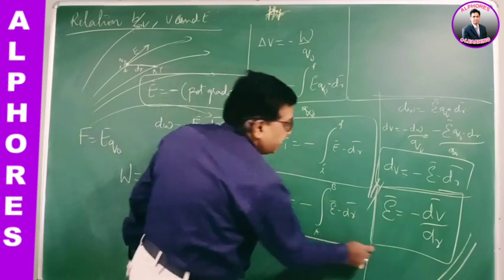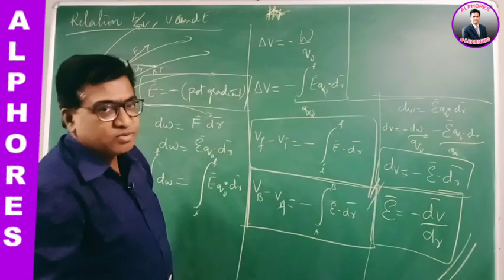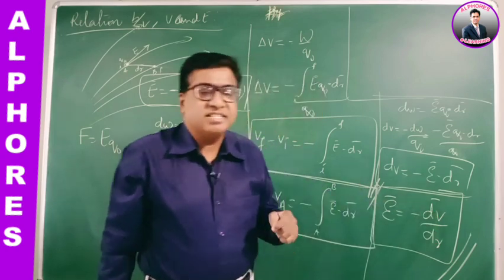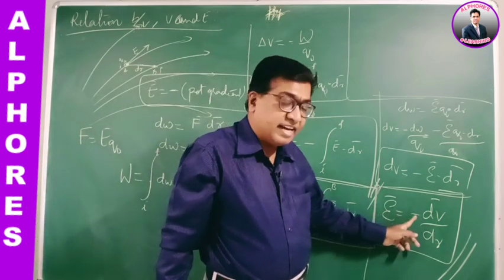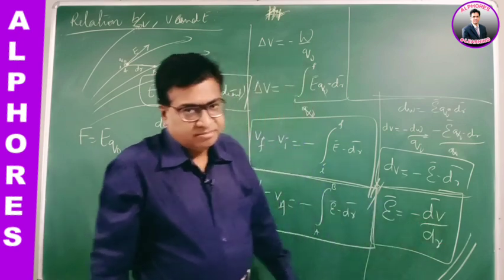Now these two are very important relations. If the potential equation is given and you are asked to find the electric field, then the electric field intensity is the negative differentiation of the potential.